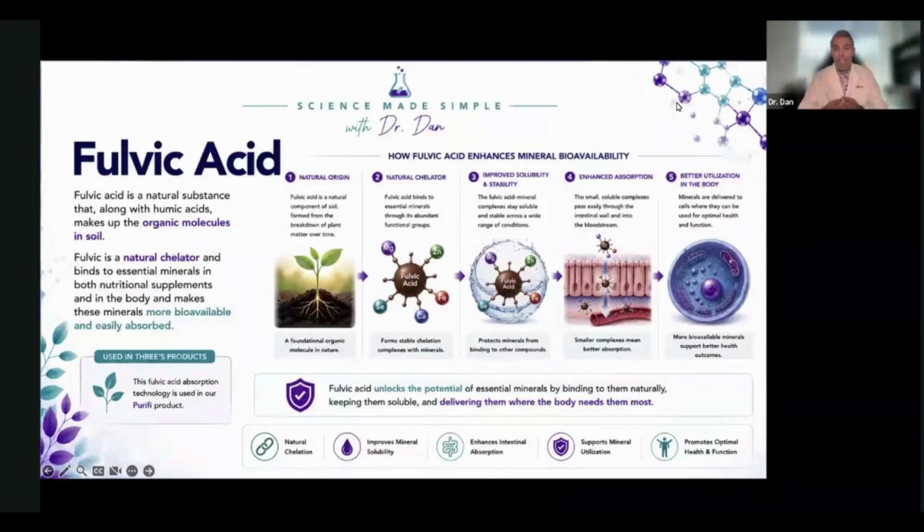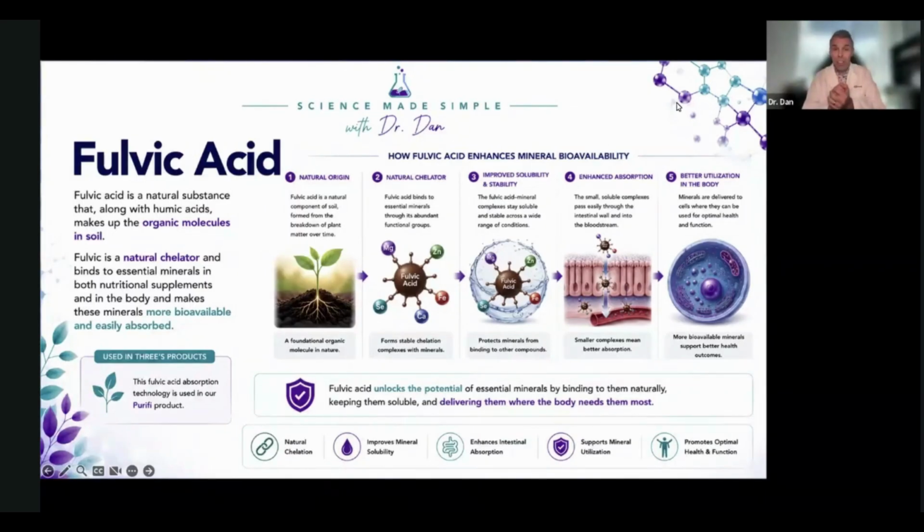Then fulvic acid can get into the cell membrane. It can chelate and get through the cell membrane. Once it does, the pH outside the cell is different from inside, the conditions change, and it actually releases the molecule. That's an important point when we develop cellular absorption technologies. It's one thing to have it bound and to get to the cell membrane and even through it, but it's another thing to have it let go.